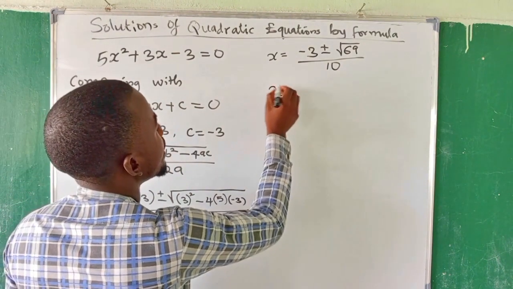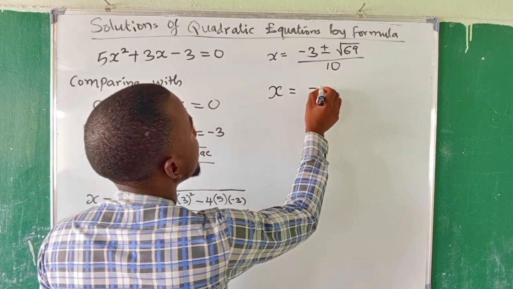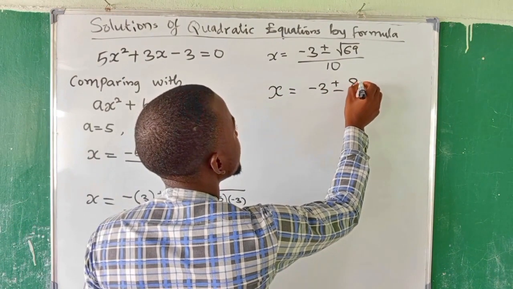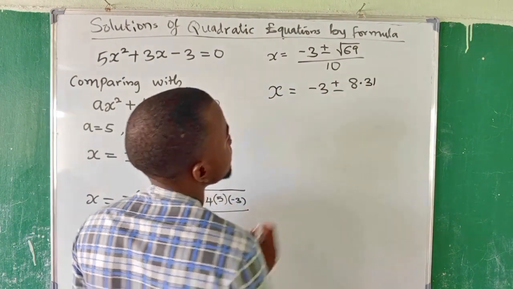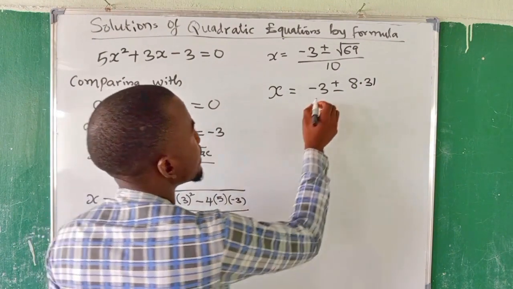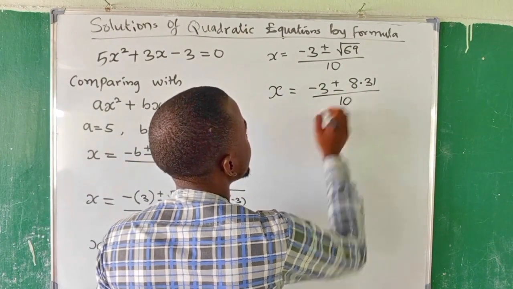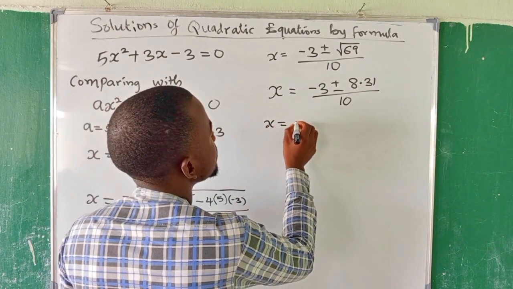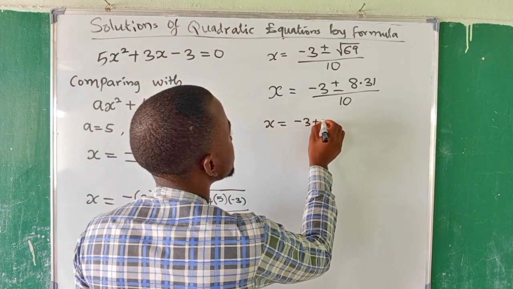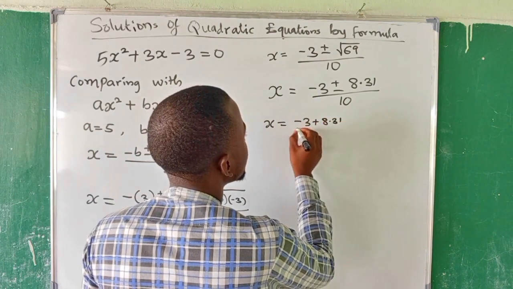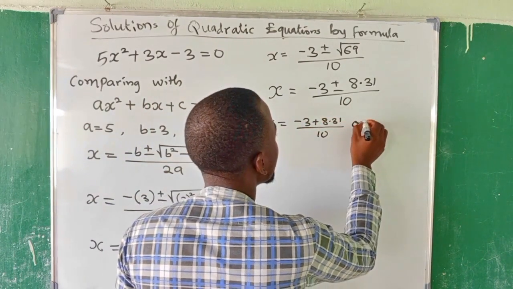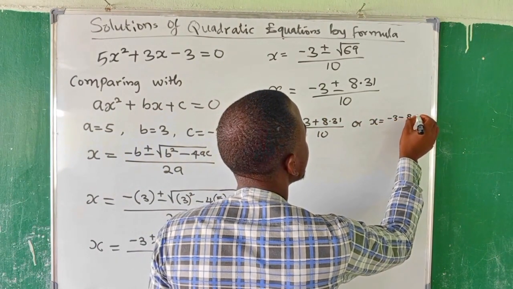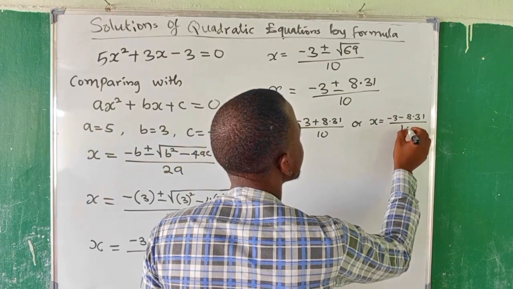Now we have x is therefore equal to minus 3 plus or minus 8.31, that is to 2 decimal places, divided by 10. This implies that x is equal to minus 3 plus 8.31, all divided by 10, or x is equal to minus 3 minus 8.31 divided by 10.